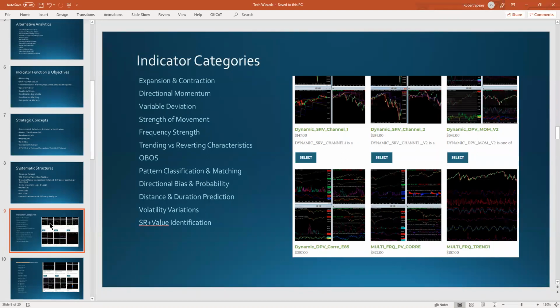Market classification or pattern classification and matching. This can also go to Fibonacci levels, directional bias and probability, distance, duration, prediction. Again, using historical analytics and identifying certain market environments and substructures. If certain criteria is met, what's the predictive power of repeating patterns?